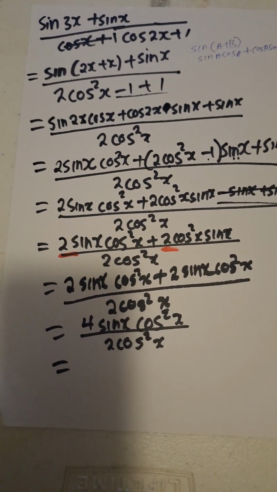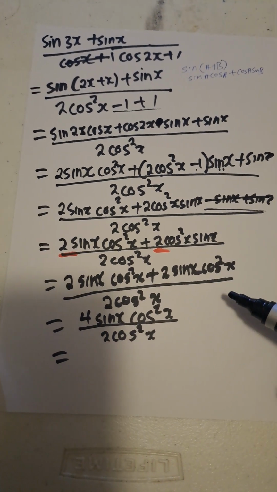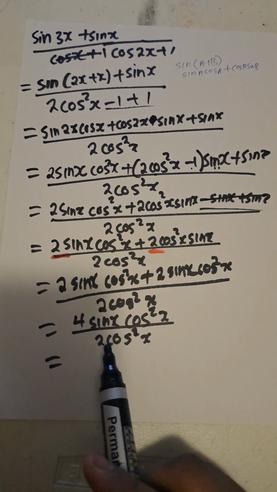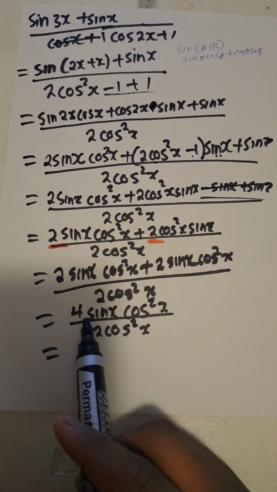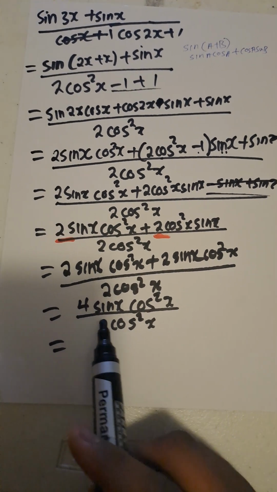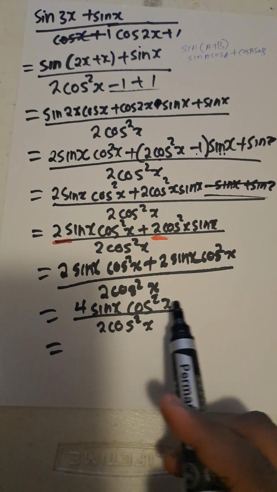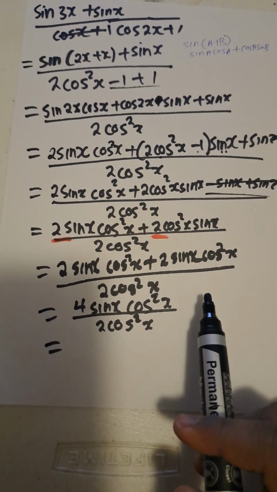My answer is already out. Now guys, we have arrived at our final answer. If you check here, I have 2 cos squared x, and in the numerator I have 4 cos squared x, meaning that you can rewrite it again as 2 cos squared x.